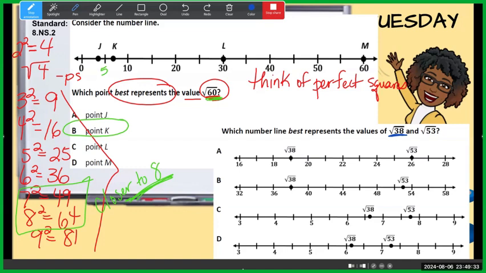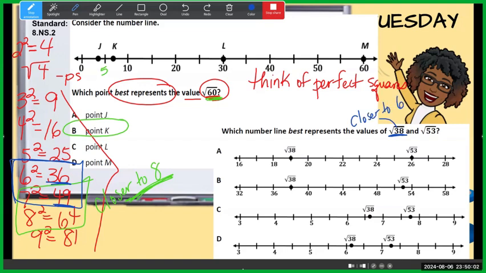Would 38 be closer to 36 or to 49? Closer to 36. So our answer is going to be close to 6.